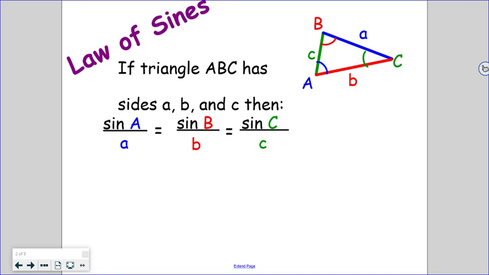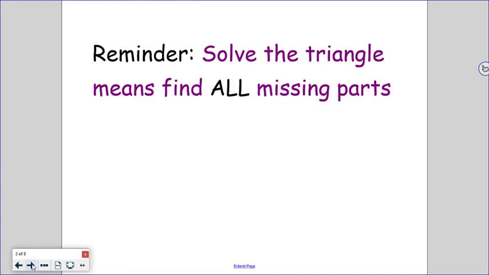We will compare one side, one angle, another side, another angle. We will not string together all three of them. And when we look at just two of them, it ends up looking like a proportion. And that takes us back to algebra, solving proportions, do your cross multiply thing. And if we have two of these ratios, we'll have 3 out of the 4 variables to fill in, and we'll have 1 to solve for. Okay, and we'll look at some variations of solving those.